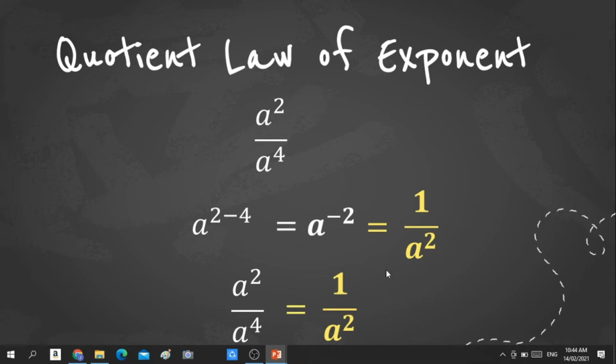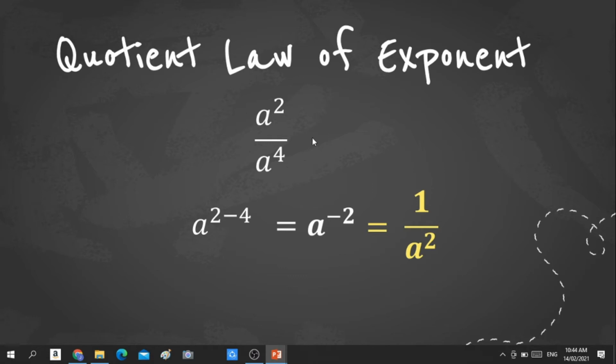Okay? So again, if the exponent or the answer happen to be negative, let's just put it in the denominator dun sa baba at magkaroon tayo ng 1 sa taas. Okay? Or it's just like the same as this.